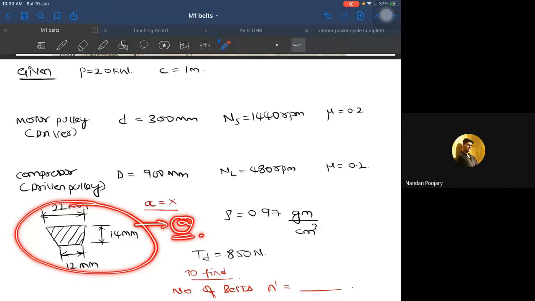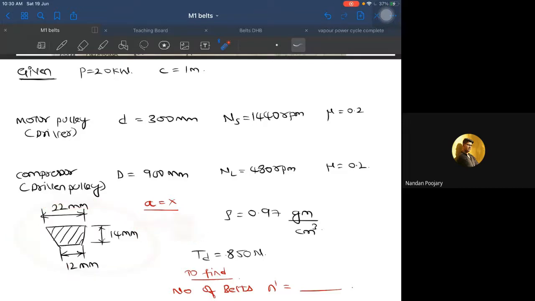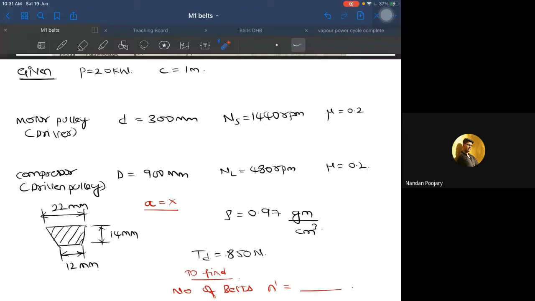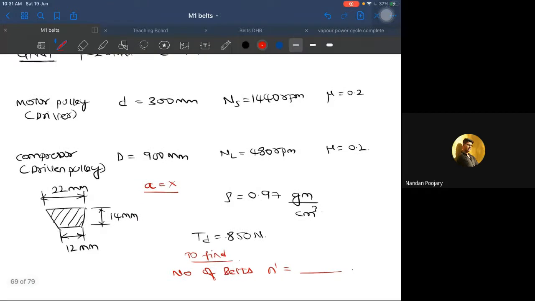How many of you know how to calculate the area of a trapezoid? Now I must calculate the area.